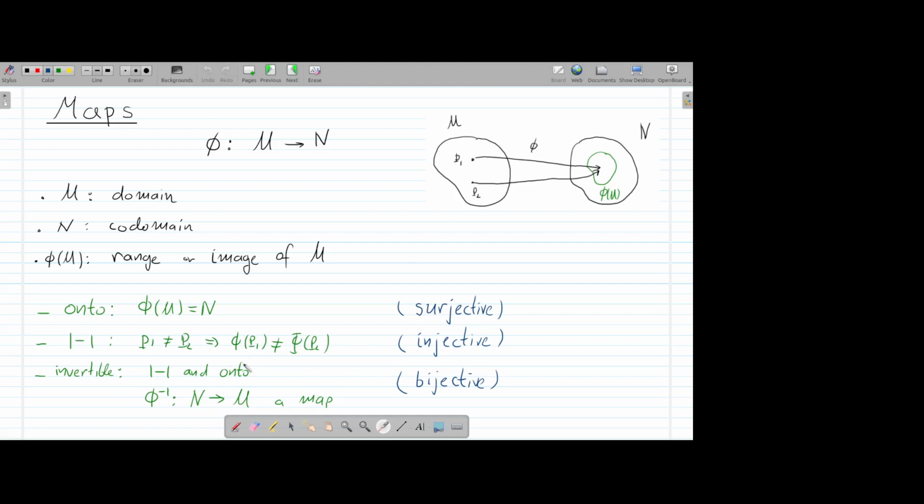And if the map is both one-to-one and onto, then it's called bijective, and it is invertible. That means if we take the inverse map from N to M, this is also a map.